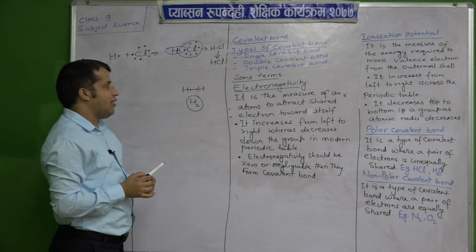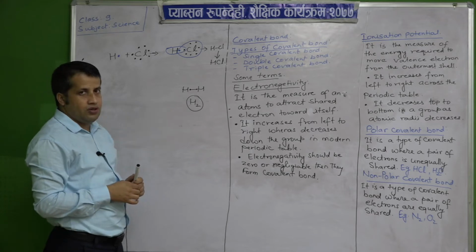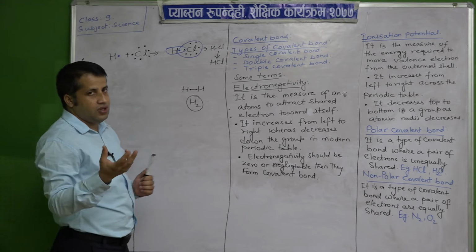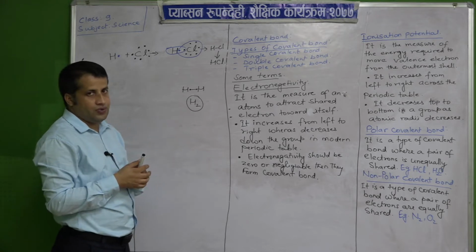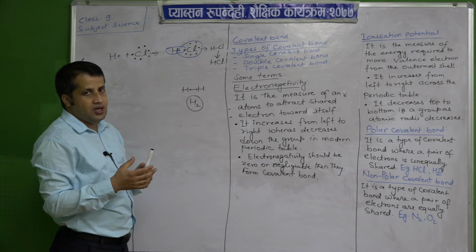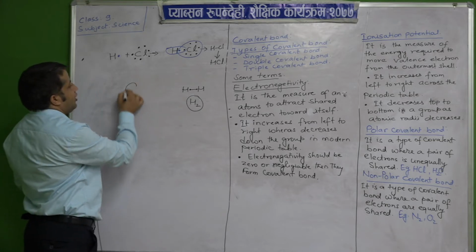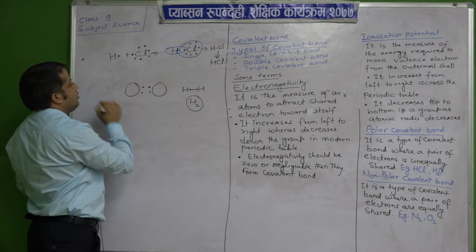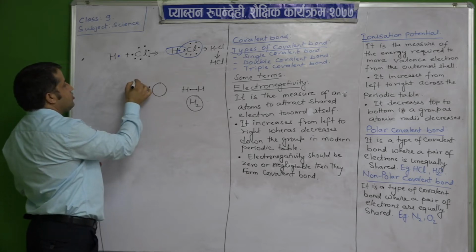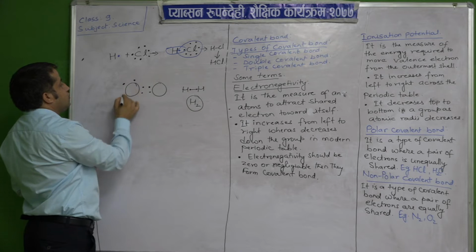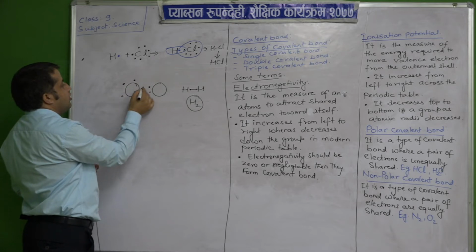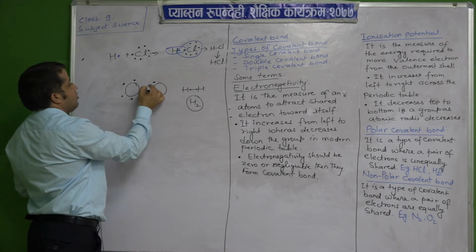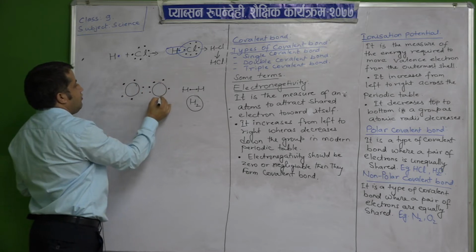After that we studied the double covalent bond. In a double covalent bond, like in the case of oxygen, both atoms share 2 electrons with each other. Each oxygen atom has 6 electrons in the outer shell, 1 2 3 4 5 6, and the other also has 6.